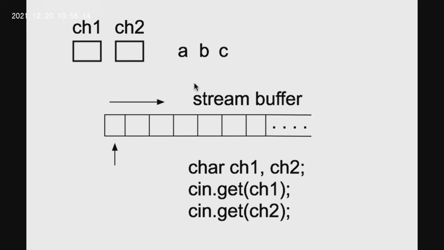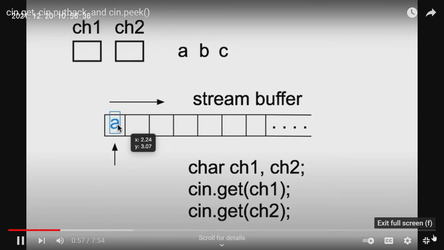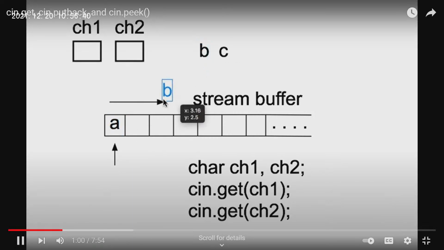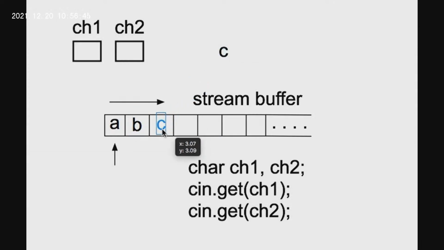When the user types letters on the keyboard, the operating system keeps track of which letters are typed using a stream buffer, and the characters are filled in from left to right. Let's say the user types A first, then B, then C, and then return.